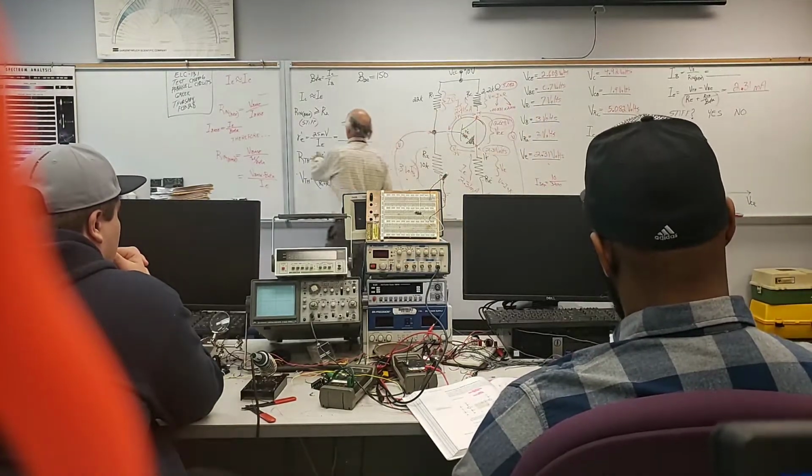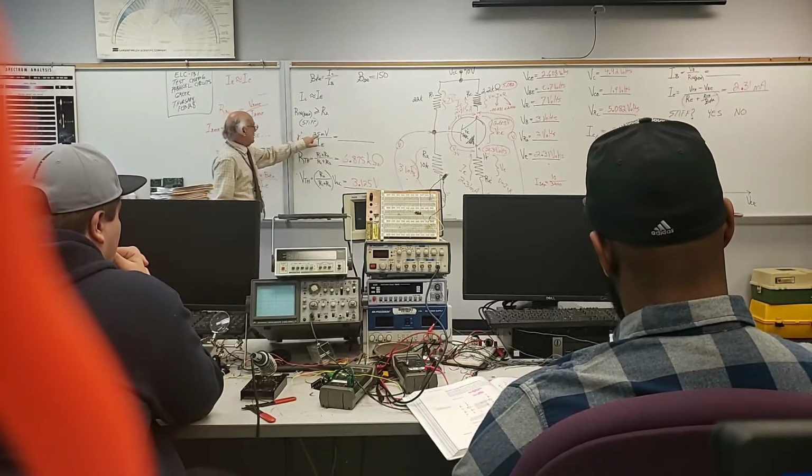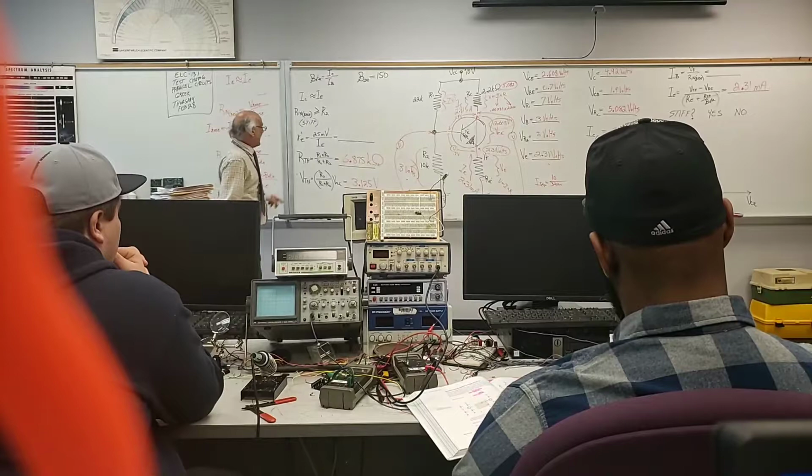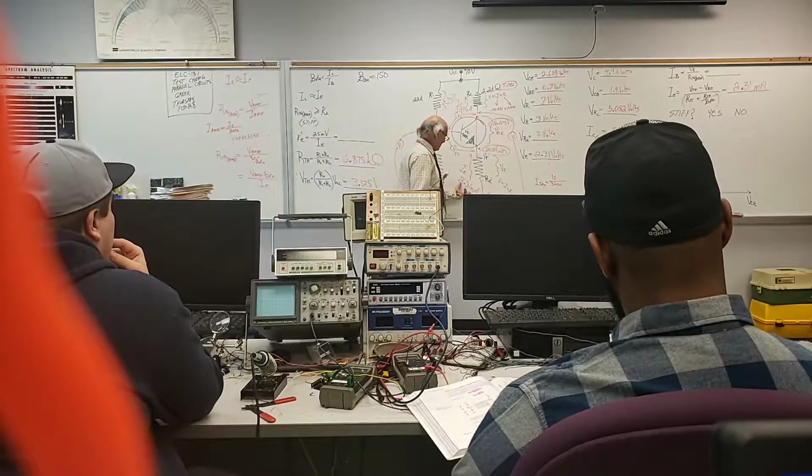Now, let's calculate little r prime e. Take 0.025 and divide it by the emitter current, and the emitter current was 2.31 milliamps.